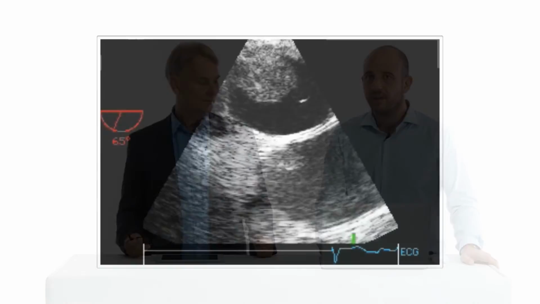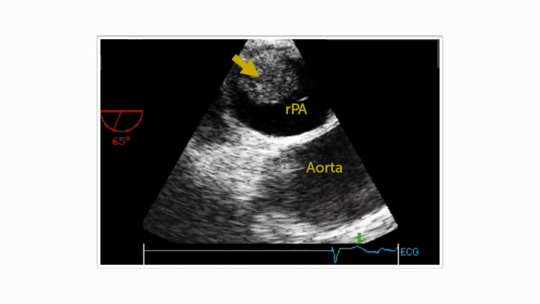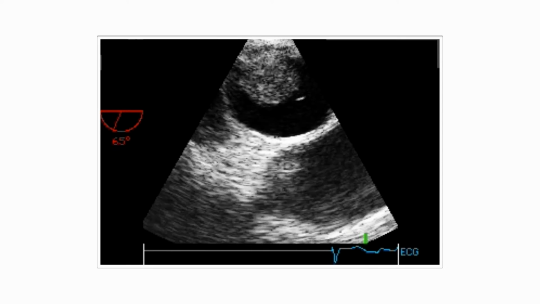But let me see the features that you see in transesophageal echocardiography. Here it's very nice to appreciate the clot in the right pulmonary artery, but I have to say, every year I am called from other intensive care units at least 10 or 15 times to diagnose a pulmonary embolism, but I have never found such a nice image like this.